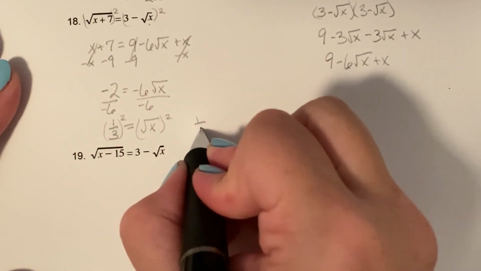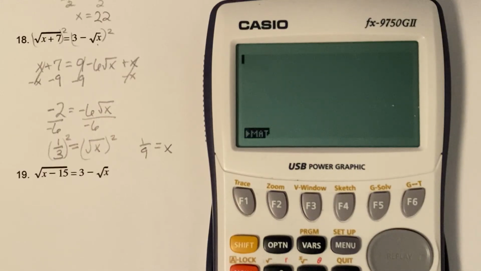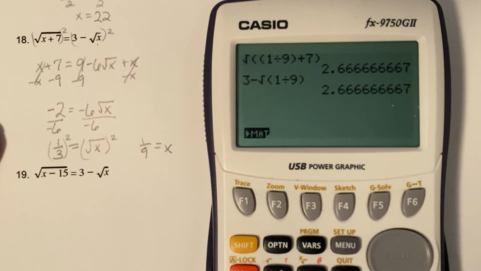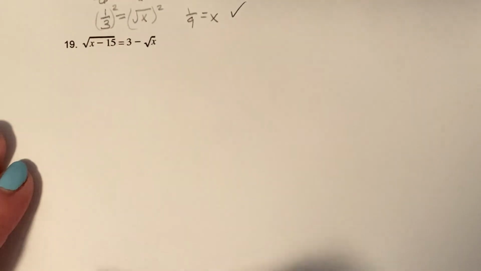So 1/9 equals x. Okay, so now we check for extraneous solutions. So we're going to do square root of 1 divided by 9 plus 7. Okay, and then 3 minus square root 1 divided by 9. And they match.